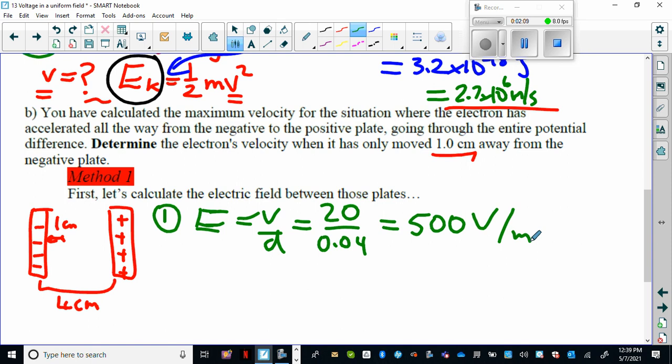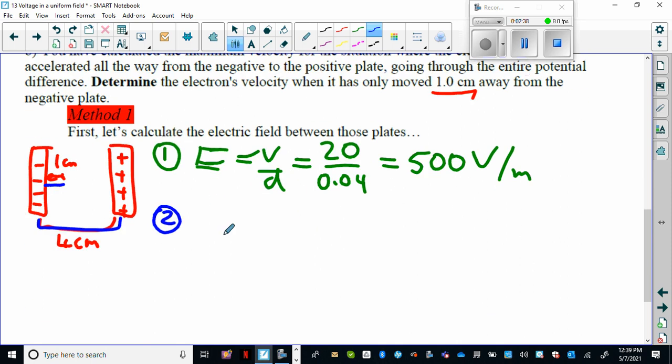Now, the electron has only moved through a quarter of the 20 volts between the two plates. For that one, you can actually say that if it's 20 volts between the two plates, 4 centimeters apart, then a quarter of 20 is 5, so it's only moved through 5 volts of potential difference. But let's do it mathematically just to verify that. We're going to use the same formula, because now we've calculated the electric field strength of the whole thing.